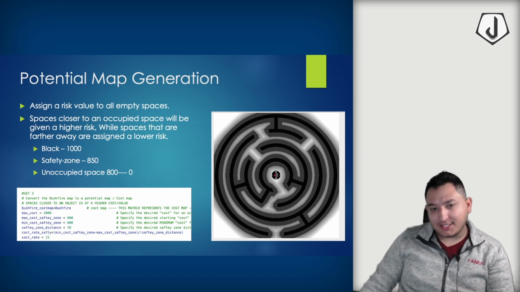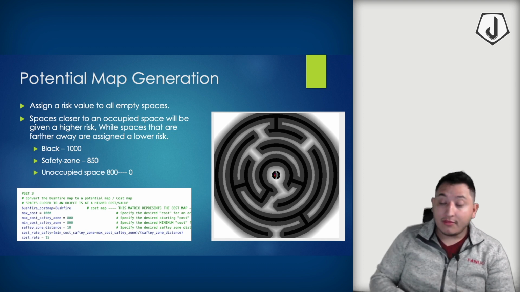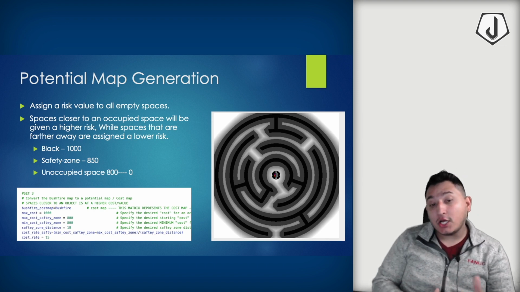All unoccupied spaces within 15 grid spaces away from an occupied space fall within a zone that we identify as a safety zone. This is our inflation zone. The value assigned to every grid in the inflation zone is 850. Outside of the inflation zone, we have all the unoccupied spaces that we allow the robot to travel to.